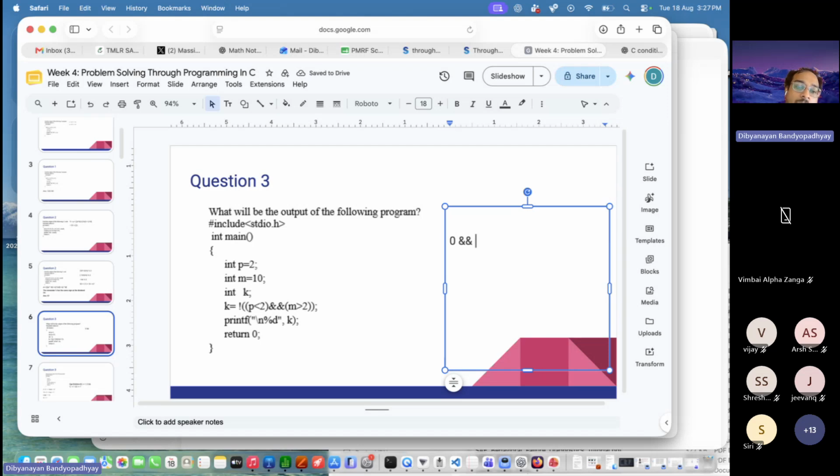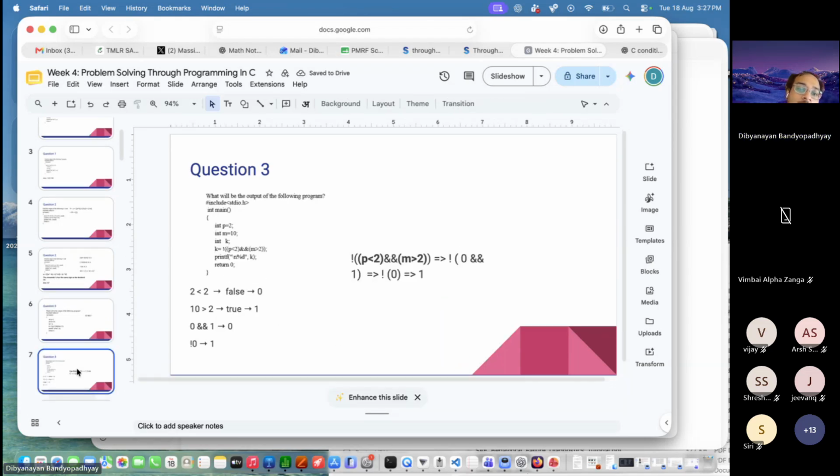It is false actually. So 0 and 0 is 0. And if you apply not to the whole thing, not 0 is equal to 1. So the value will be 1. So this is how it is happening.